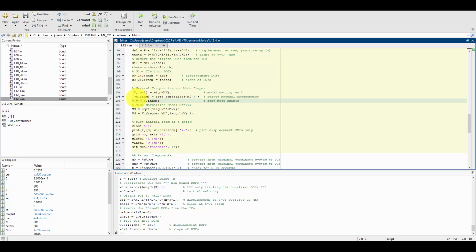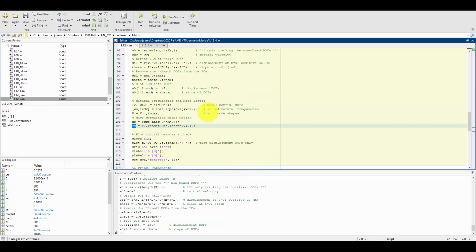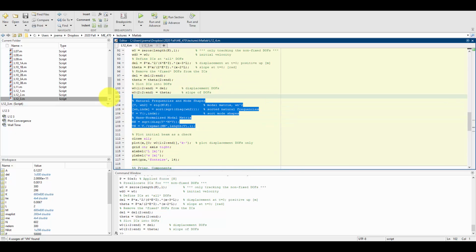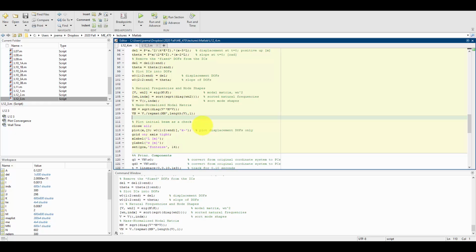Right, so I find my natural frequencies, I find my mode shapes. I'm going to sort them in ascending order, which is what I typically do. I'm going to calculate my mass-normalized modal matrix just like I did before. And once I have that mass-normalized modal matrix, which I'm calling Vn here, then I can proceed further with the principal coordinate analysis.